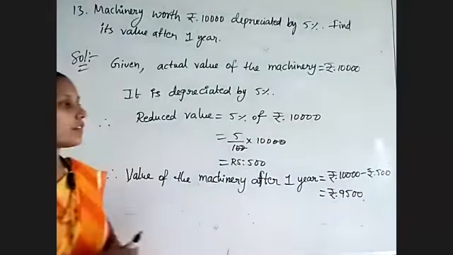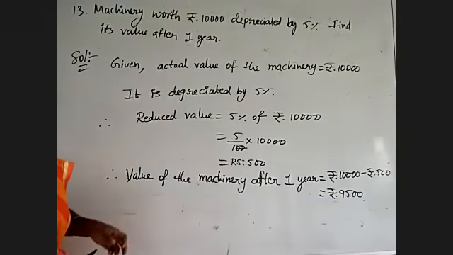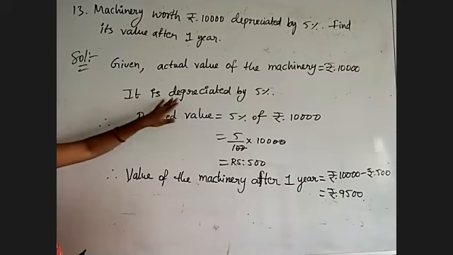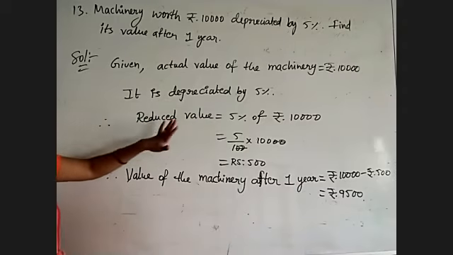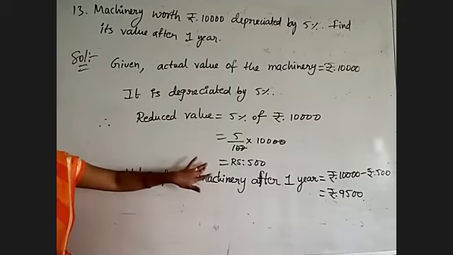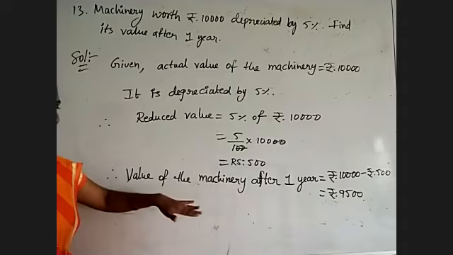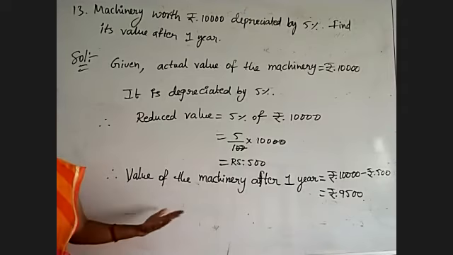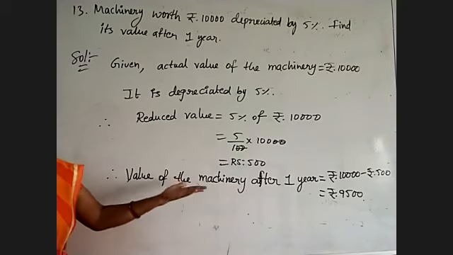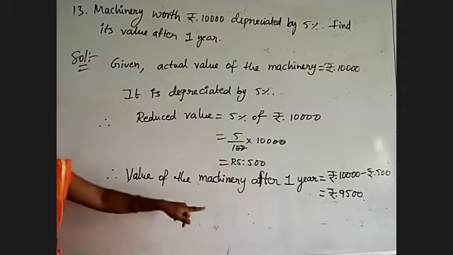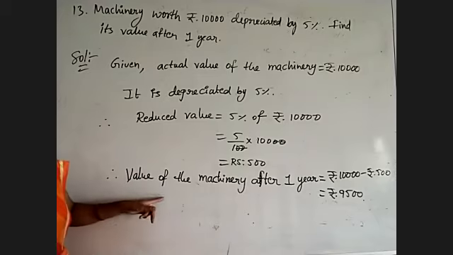So once again observe, here they have given that original value of the machinery is equal to 10,000 and there will be a reduction of 5%. So what is the reduced value? Find out. That is 500 rupees. Means after 1 year it will be 500 rupees lesser than the 10,000. That means 10,000 minus 500 is equal to 9,500, the value of the machinery after 1 year.